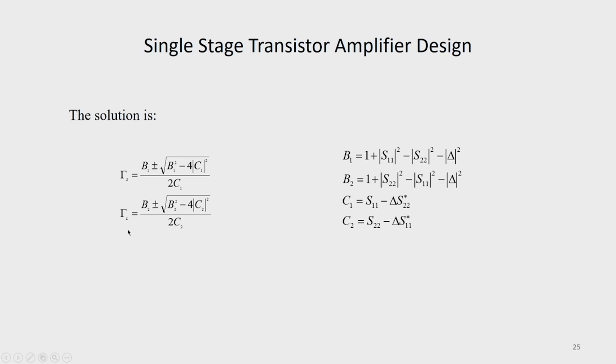Things become very much simplified if we have a unilateral transistor, that means S12 is equal to 0.